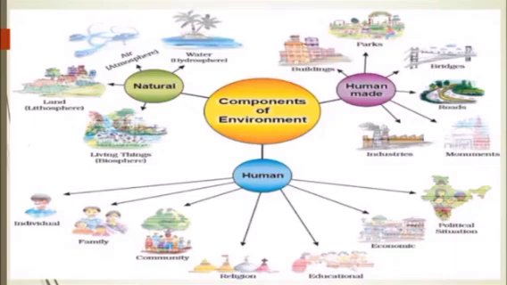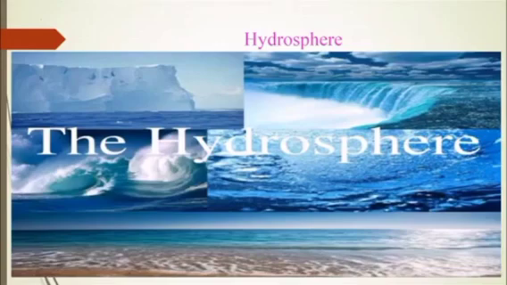Human-made environment like buildings, parks, bridges, roads, monuments, industries, etc. Natural environment like lithosphere means land, hydrosphere means water, atmosphere means air, biosphere means living things. Next, we are going to learn about hydrosphere.